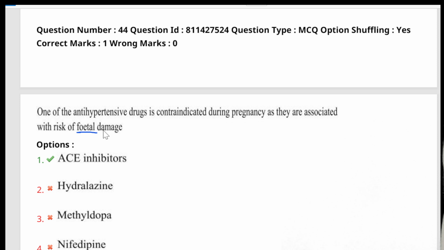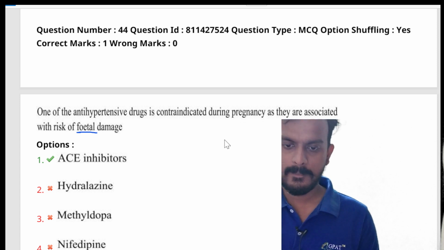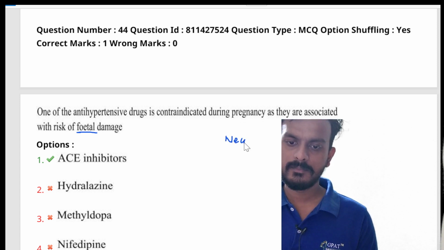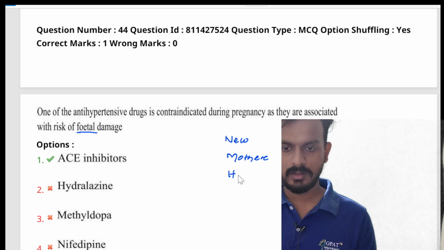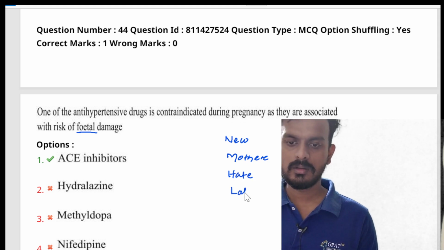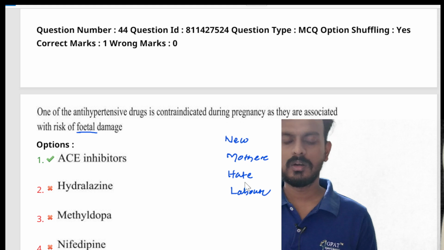The trick is "new mother", or you can remember "new mother need better care".